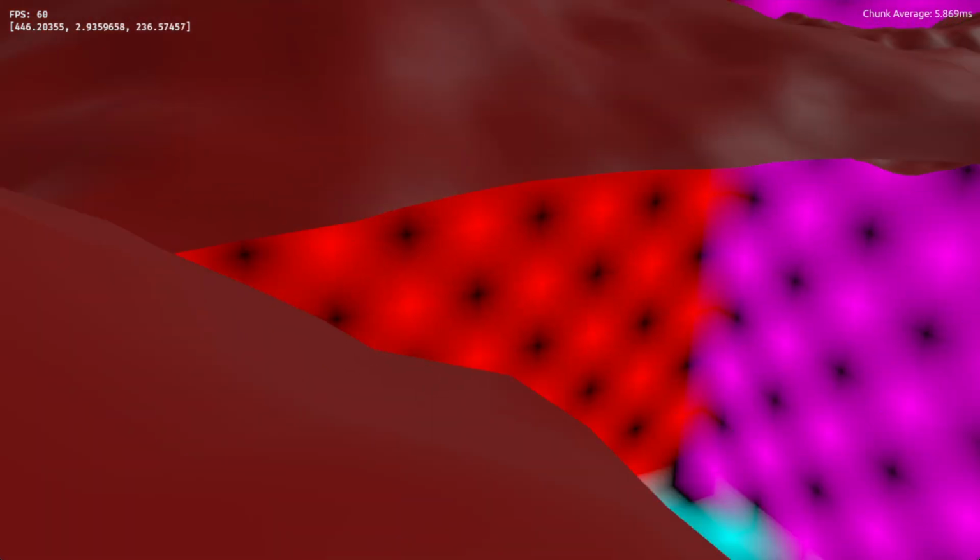But this chunk starts below. It starts at negative 32. So when we step through, it goes to a halfway point at negative 16, and the other halfway points.